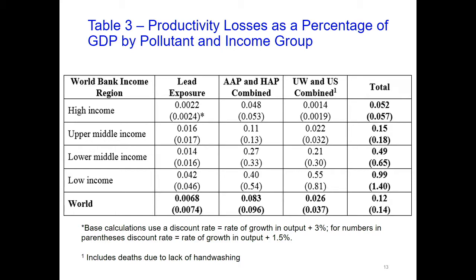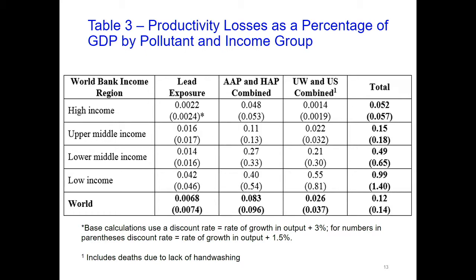And the numbers in parentheses are using a lower discount rate. The high discount rate is one where we say the discount rate is the rate of growth in per capita GDP plus 3%. The low discount rate is the rate of growth in GDP plus 1.5%. And you're going to get larger numbers when you use the lower discount rate.